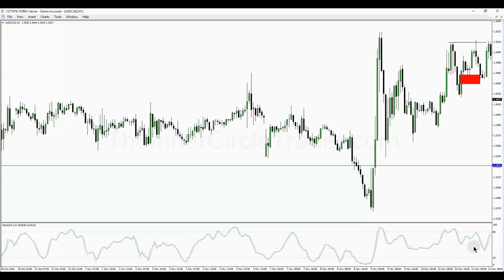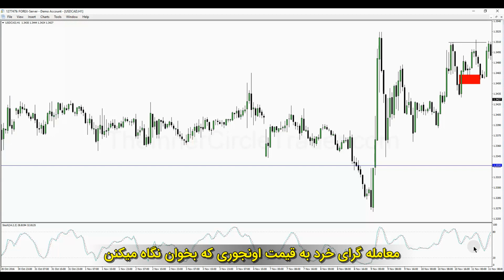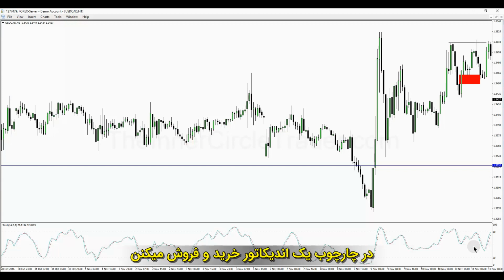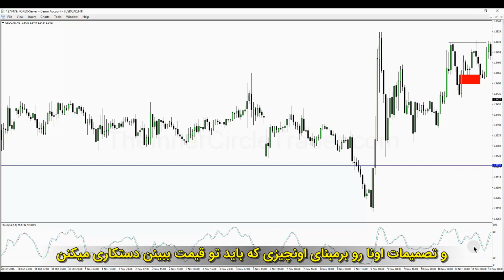So let's recall that market efficiency paradigm. Retail views price and sees what they want to see in the context of an indicator: buy or sell, overbought, oversold. Market makers look at the participants' thought processes about price, and they manipulate their decisions based on what they should be seeing in price.